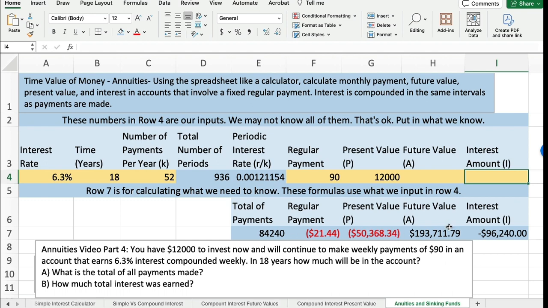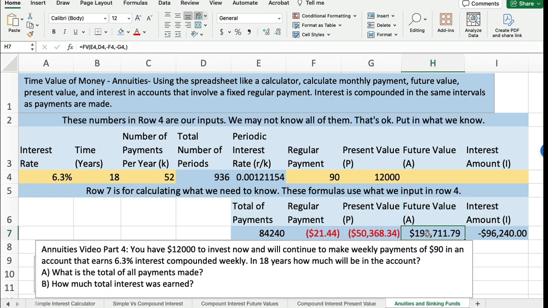So down below where we have our calculations, just ignore the regular payment and the present value for now because those rely on a correct future value amount. That's the thing that we're really interested in right up front: in 18 years, how much will be in the account?